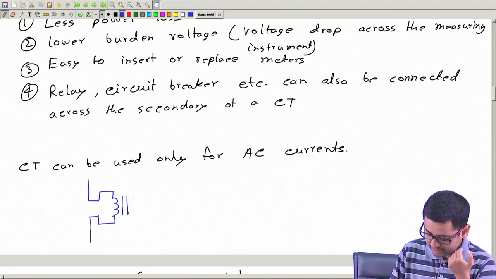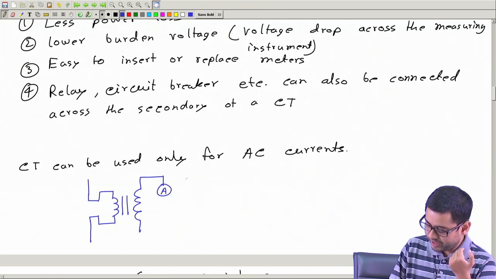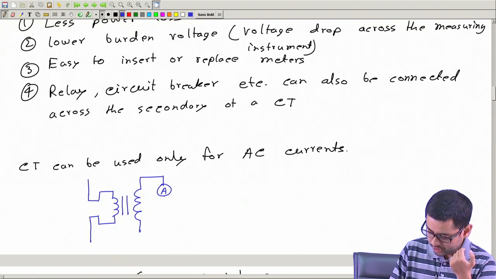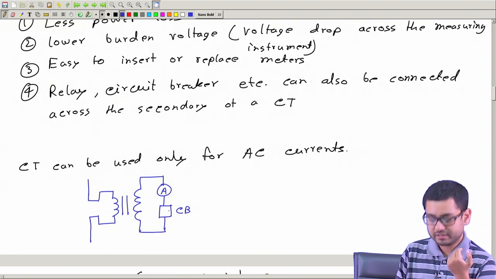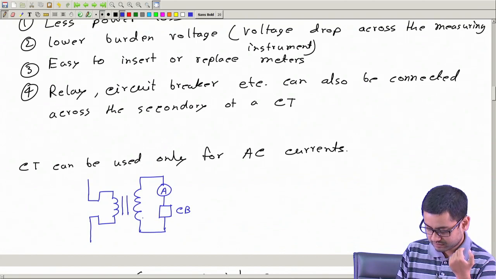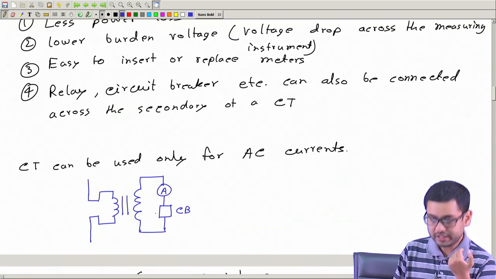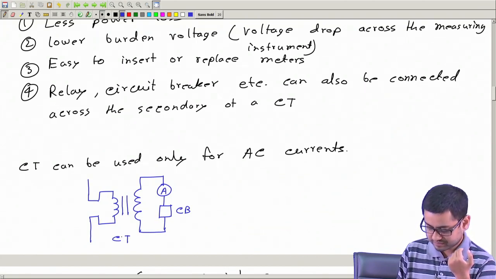You may connect multiple equipment like an ammeter, which will display you the current. You may connect, say, a relay or circuit breaker, all across the secondary of the CT. So, this is the CT.